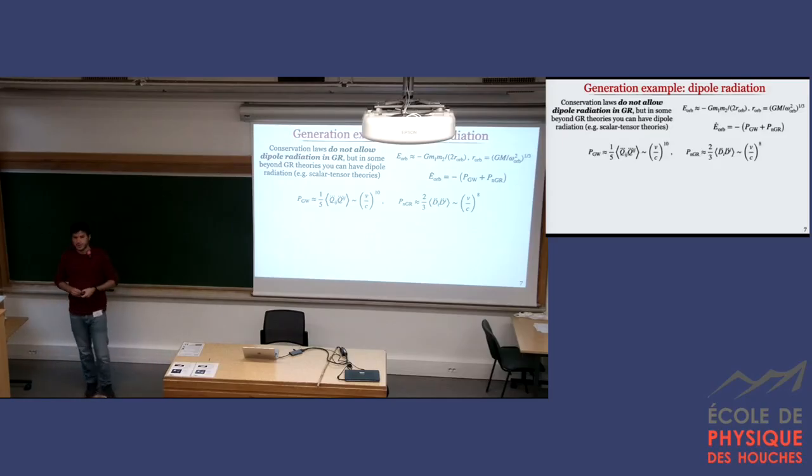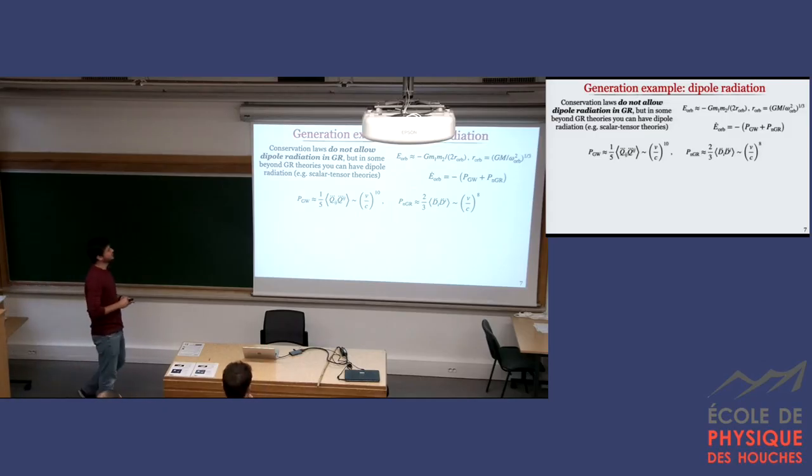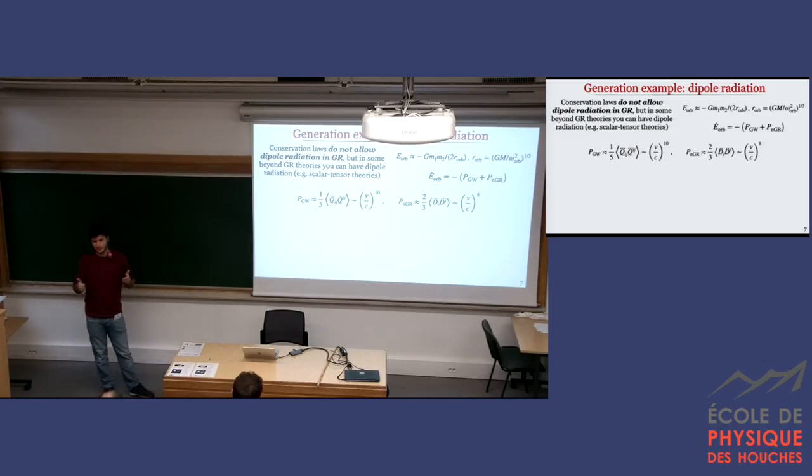of how you can modify the generation of gravitational waves, the typical example is dipole radiation. Normally it's introduced in the context, for example, of scalar-tensor theories, but it's nothing weird, right? If your two black holes were charged, for example, if they have some electric charge, they would also, in principle, emit dipole radiation.